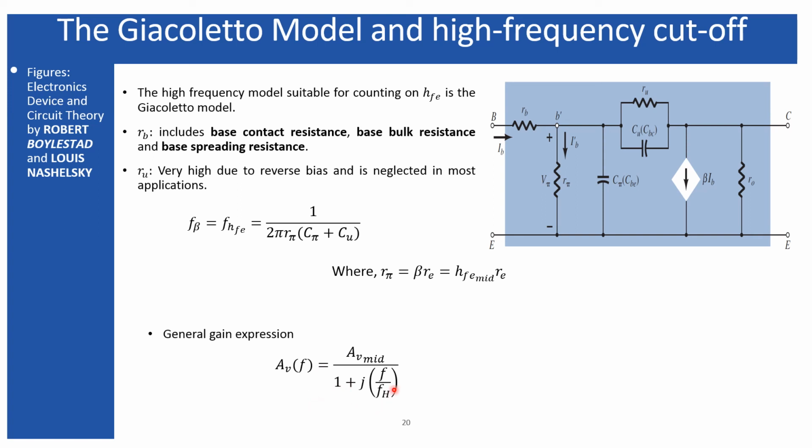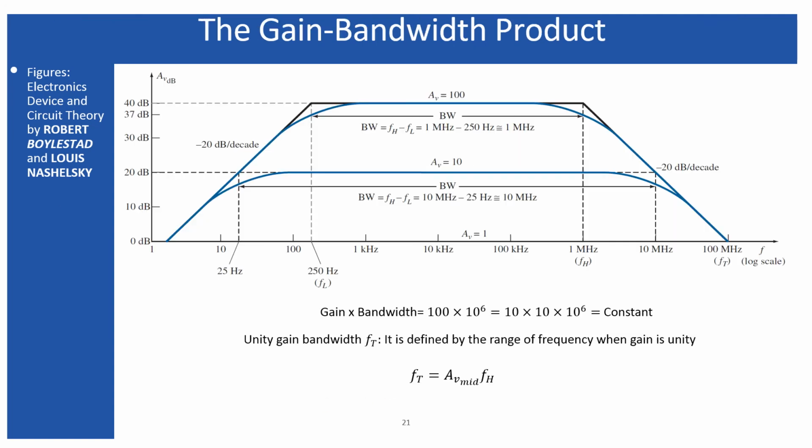Since the general expression of gain follows the form of the low pass filter, similarly our forward current gain is also following the same expression of the low pass filter at the high frequency range. An important figure of merit is known as the gain bandwidth product. Look at here, when the gain initially was 100 for any arbitrary amplifier, the bandwidth is assumed as 1 MHz, and when the gain is reduced to 10, the bandwidth gets increased to 10 MHz.